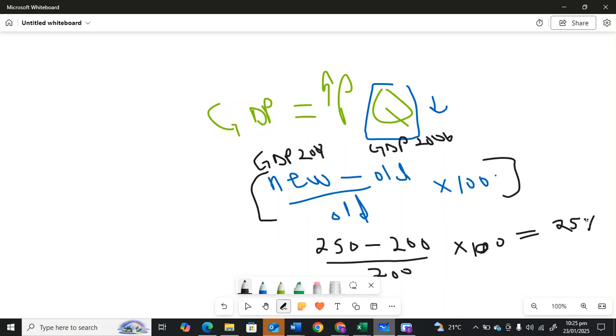So our GDP grew by 25%, the nominal GDP. Any questions?